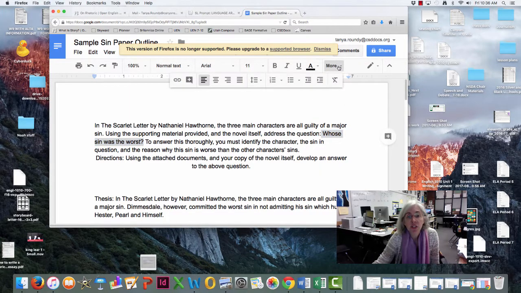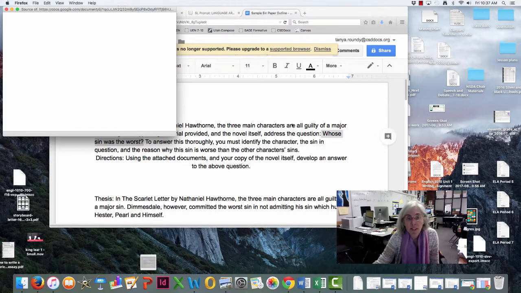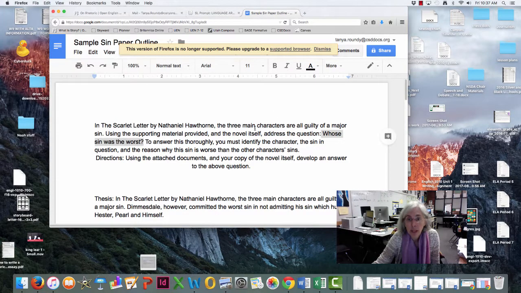Then, to answer this thoroughly, you must identify the character, the sin in question, and the reason why the sin is worst. So we need the character identified clearly, which sin is in question, and the reason why the sin is worse than the others. Those are the main parts. This first part is just background information, which you can use later.